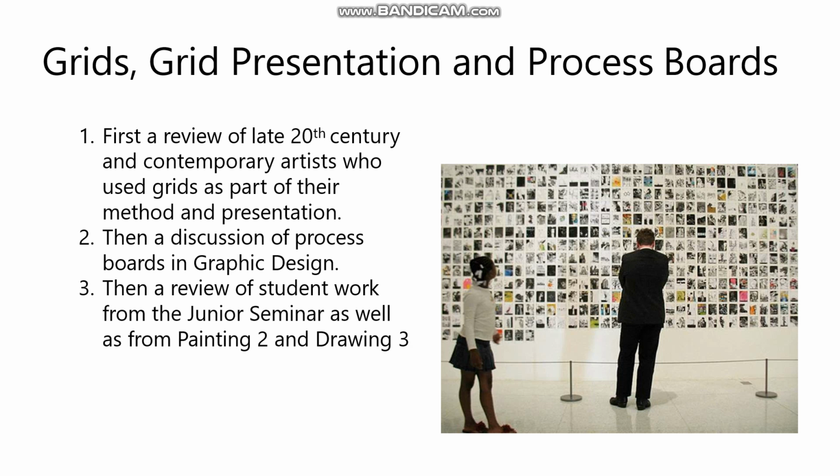You need to remember them and know their bodies of work, because at the end of the class there is a test on contemporary artists. And if it's anything like the test that I made, it won't be so much about identifying individual works of art. It'll be about looking at lots of images, a body of work for each artist, and being able to go, oh yeah, that's that artist. So anyway, let's talk about grids.